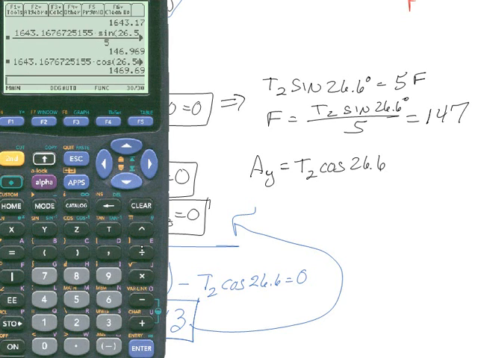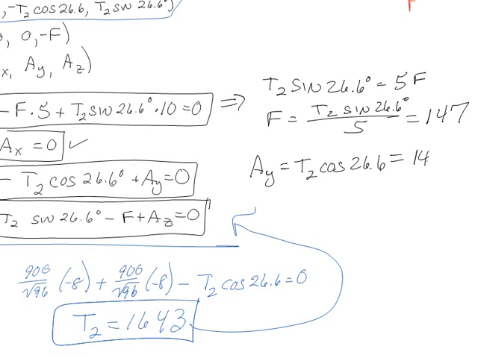So 1470. I feel like this is off by 10, and I'm not sure how that happened, but maybe it's not. Maybe I'm just crazy. I think I'm losing my mind today. I think I've done too many problems. So I have F, I have AY, I have AX, I have T2. Do I have AZ? No, okay, now I have to find AZ.